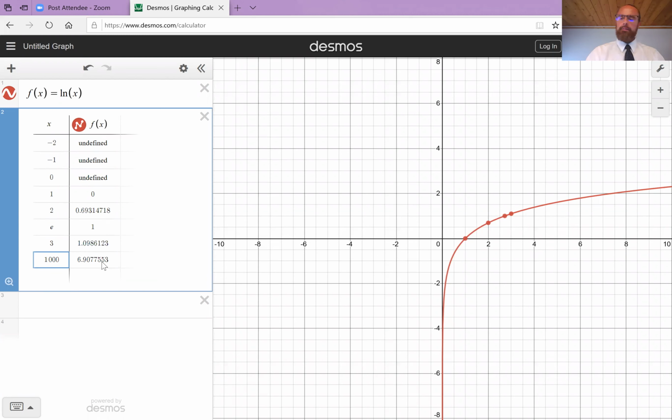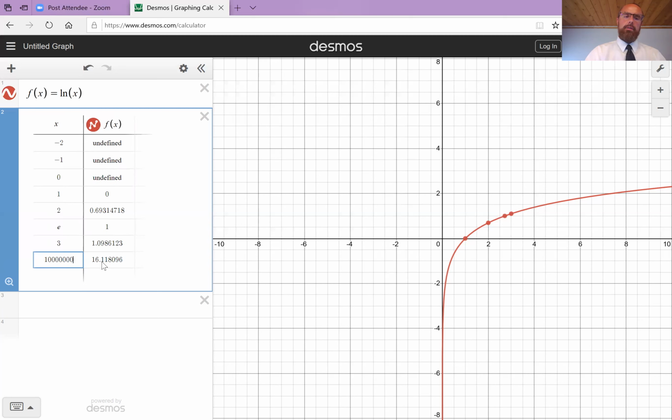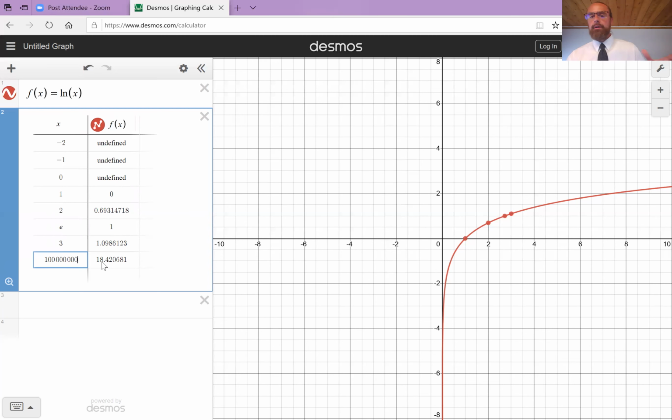If I go to 10,000, it's up to 9. If I go to 100,000, it's up to 11.5. A million, 13.8. 10 million, 16. 100 million, 18. So although as the x value gets really, really large, the y value doesn't rise a whole lot, but it never stops.